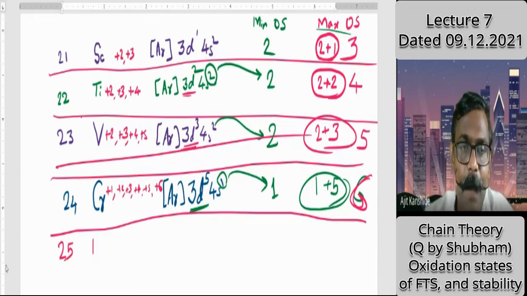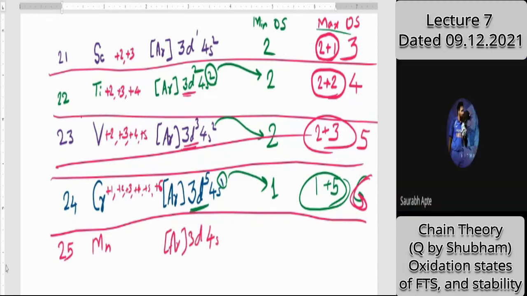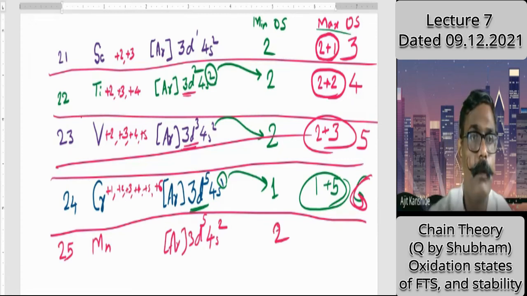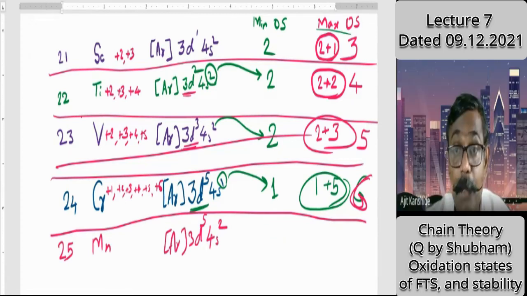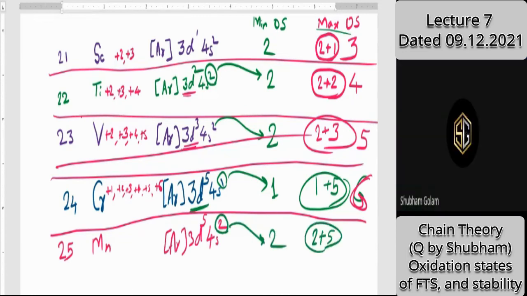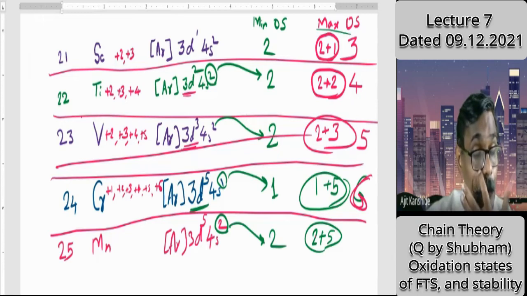Next element is manganese. Its electronic configuration is argon 3d5 4s2. The minimum oxidation state is the number of electrons in the 4s orbital, so +2. The maximum is the number of electrons in 4s plus the number of unpaired electrons in 3d. How many unpaired electrons are there? 5.